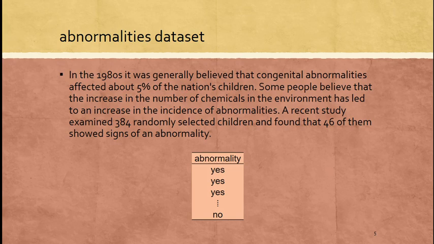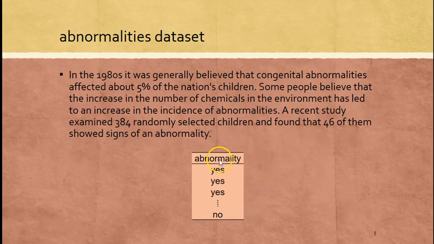A recent study examined 384 randomly selected children and found that 46 of them showed signs of an abnormality. So I see, maybe success isn't the right word for this, but there are 46 abnormalities out of 384. So my point estimate would be 46 divided by 384.